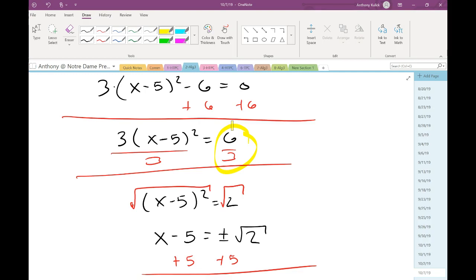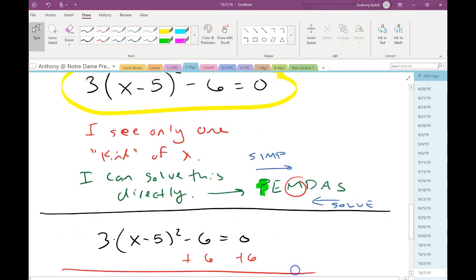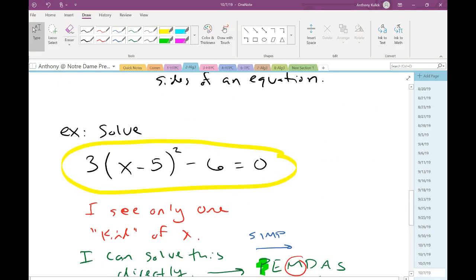So the takeaway here is that this solving directly method works every single time, provided that we have something in this vertex form, right? Now, do we know how to take any polynomial and put it into this vertex form?